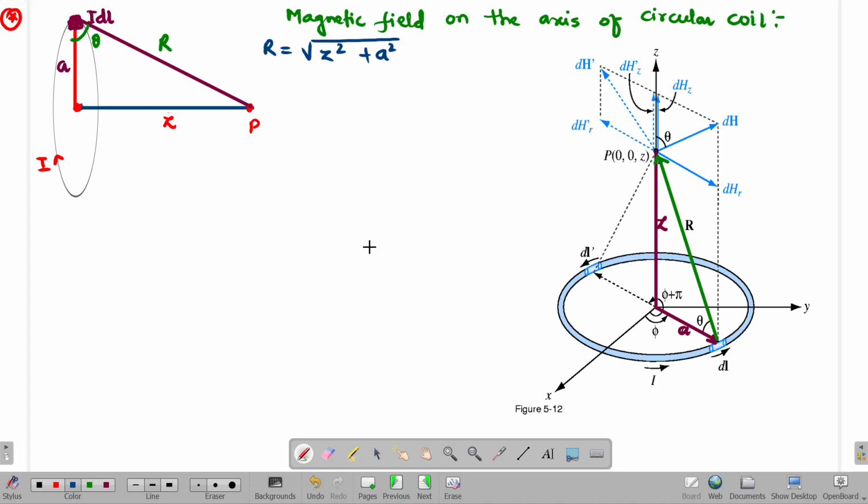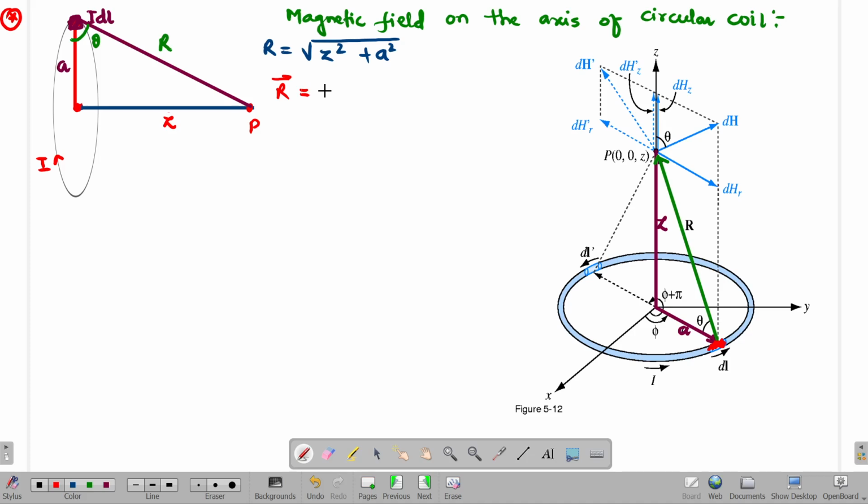Now, the biggest problem over here is that when I'm finding the magnetic field due to this element, although I am considering everything in the XY plane, if you look over here, what is this R vector?